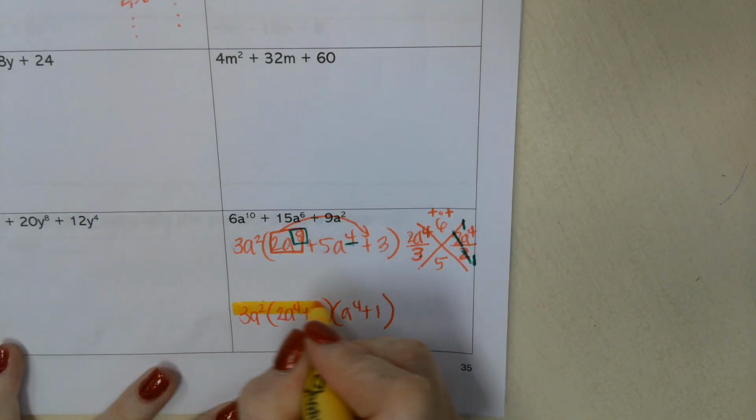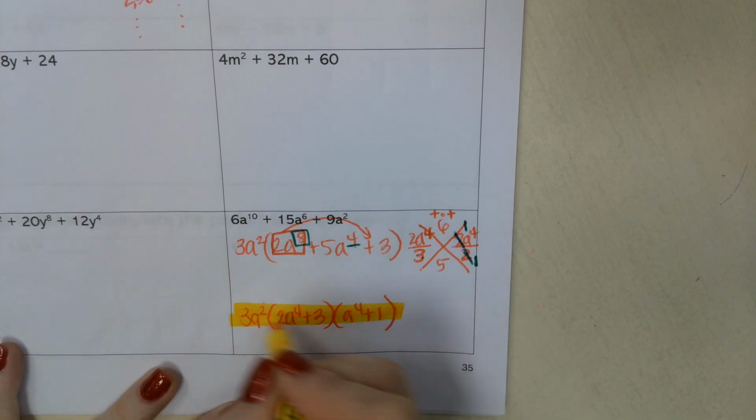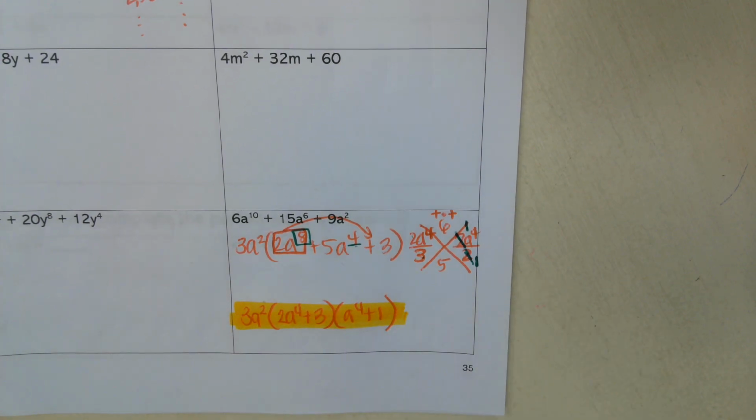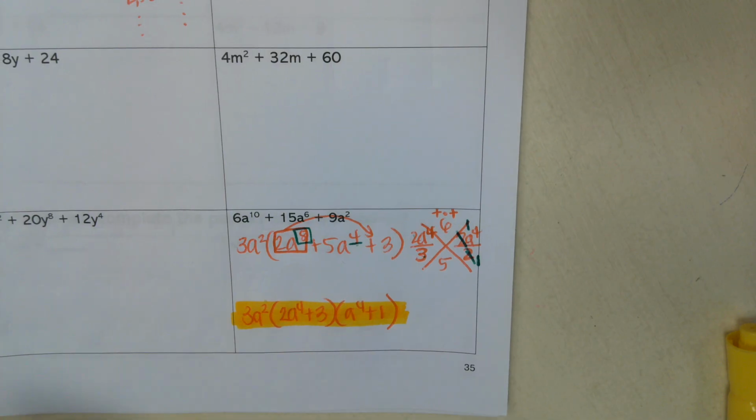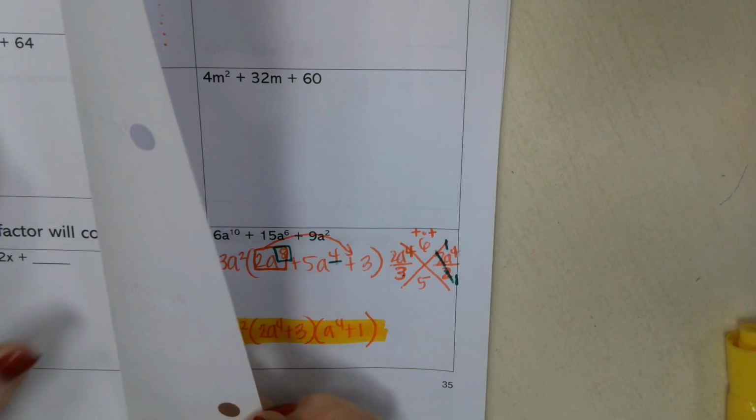Now, if you were in pre-calc, you would not be done yet. This right here could be factored 2 more different times. Okay? All right, here we go.